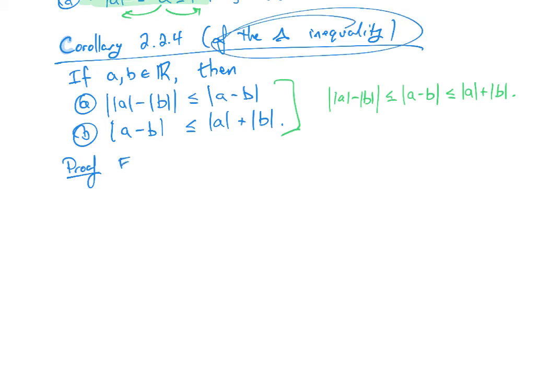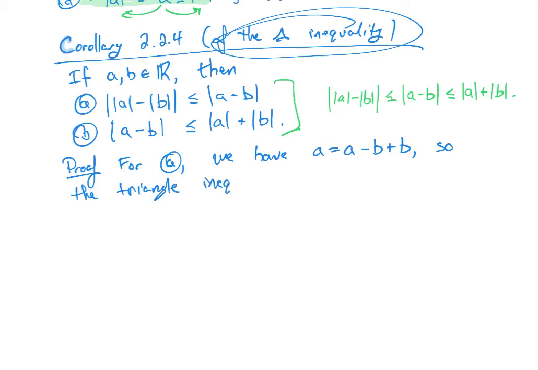Okay, so for part A, we have A is A minus B plus B. So the triangle inequality shows that the absolute value of A, which again is the absolute value of A minus B plus B, because they're the same thing, now we can group it that way.